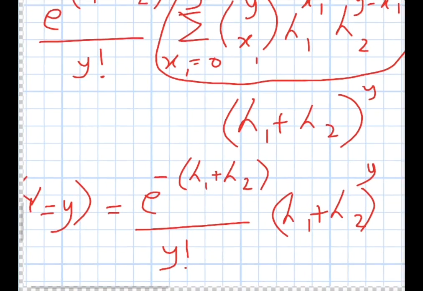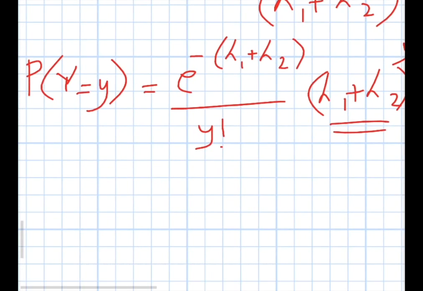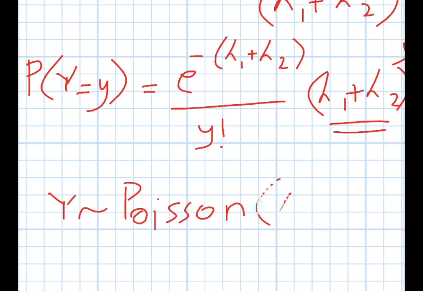Now you can see that this is exactly a Poisson random variable, but the parameter now is lambda 1 plus lambda 2. So this means Y is Poisson with parameter lambda 1 plus lambda 2.